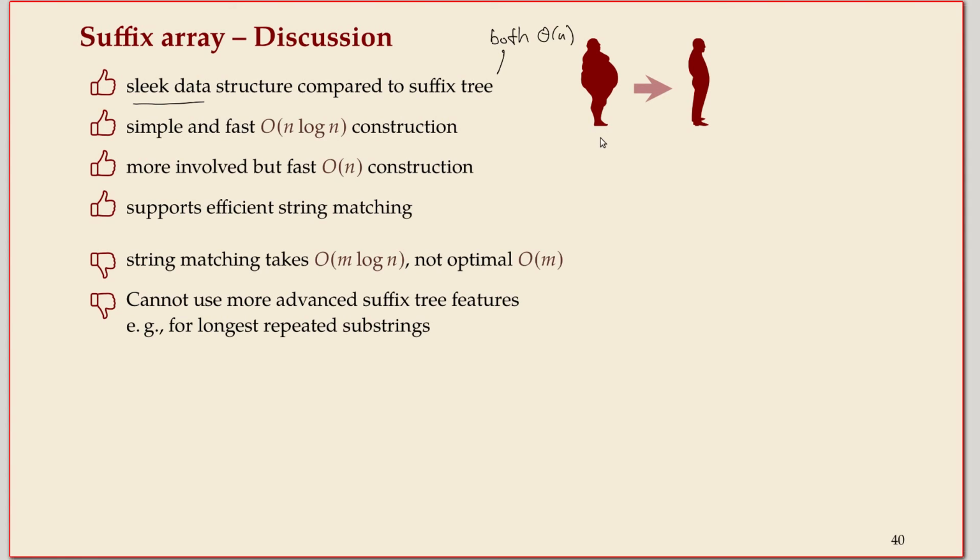But whereas the suffix tree had a very big constant, at least 10 words per character, we can get this down to a single word, a single number for the suffix array. And that's still enough to support the main application of this chapter, the text indexing. So we can reduce the space by an order of magnitude or more without sacrificing a lot in speed.